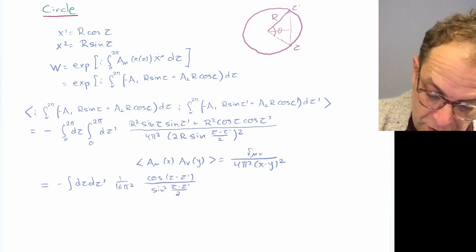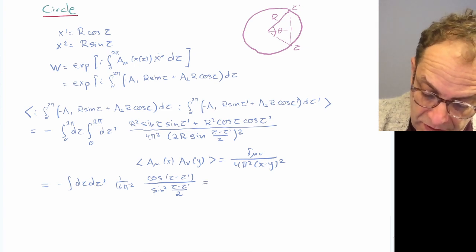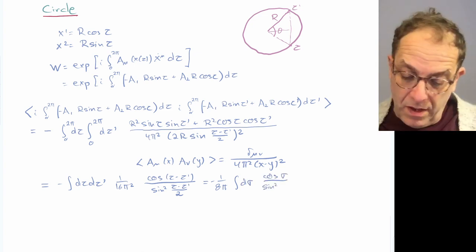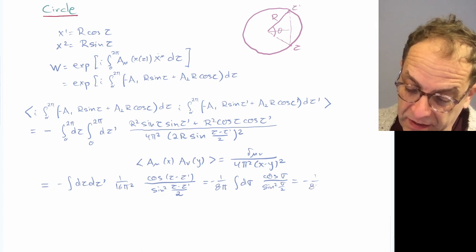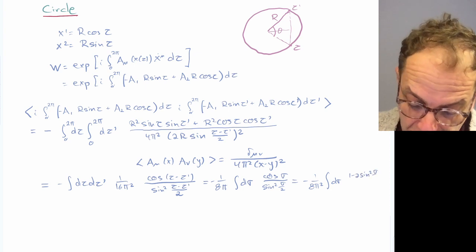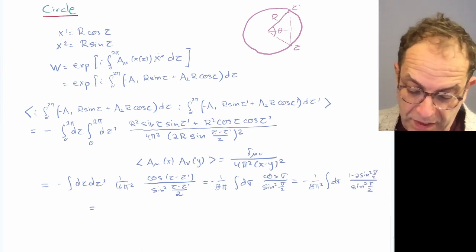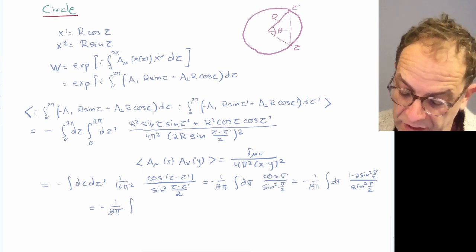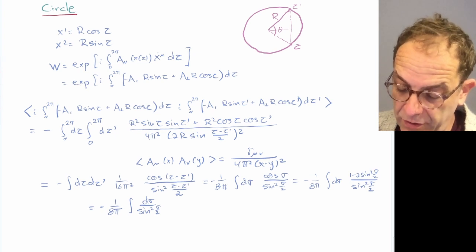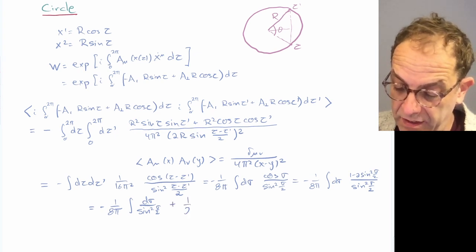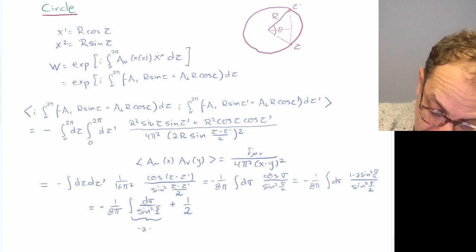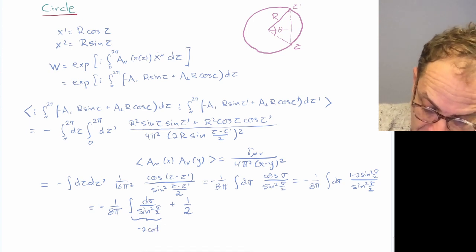So we can integrate over one of the angles and be left with only the relative angle that I will call sigma. Now we use the trigonometric identity to write cosine sigma as 1 minus 2 sine squared sigma over 2. So we can split this term into 1 over sine squared sigma over 2, and another term which is just the integral over sigma times 1 over 4 pi, which just gives 1/2.